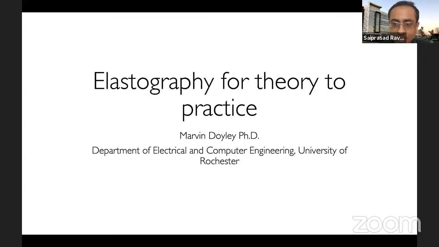His parametric imaging research lab at the University of Rochester concentrates on non-invasive vascular imaging, model-based intravascular ultrasound elastography, and high-frequency nonlinear ultrasound imaging.